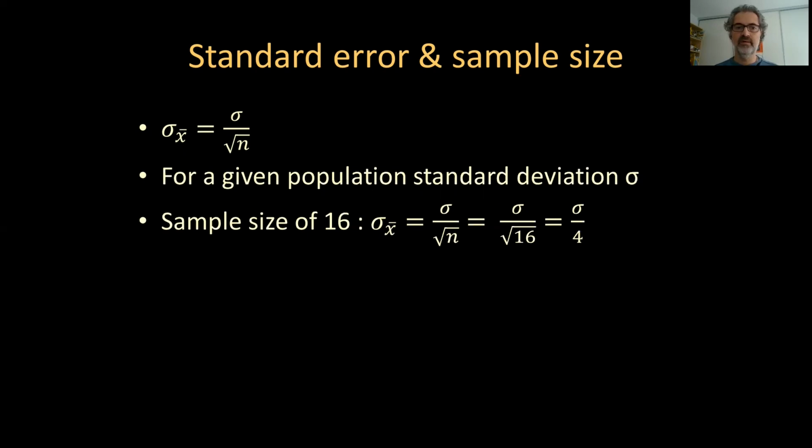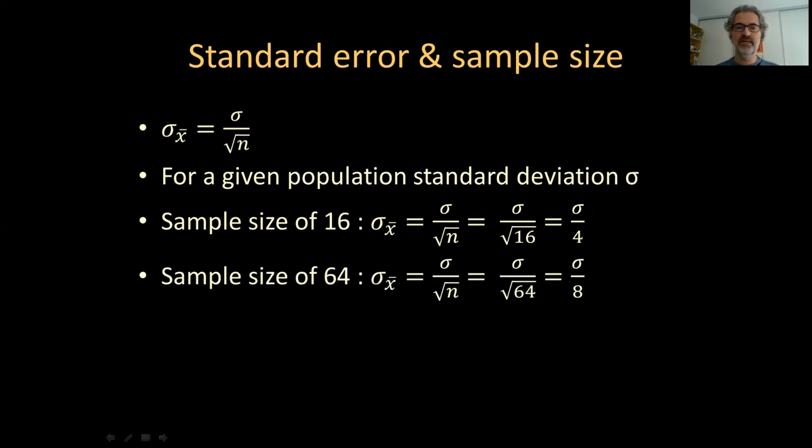Remember, this is the standard deviation of the means of the samples, and this is the standard deviation of the members of the population. So it's of the data. This is not of means. The standard deviation of the values in the population divided by 4 gives us the standard deviation of the means of samples of size 16 drawn from this population.